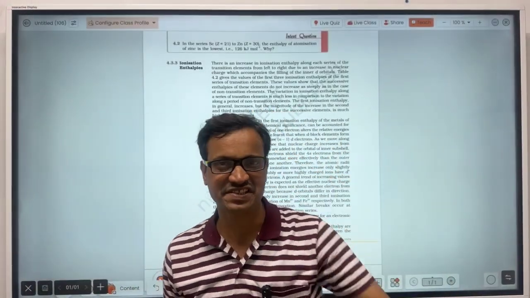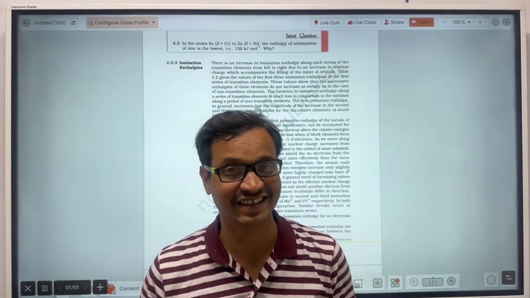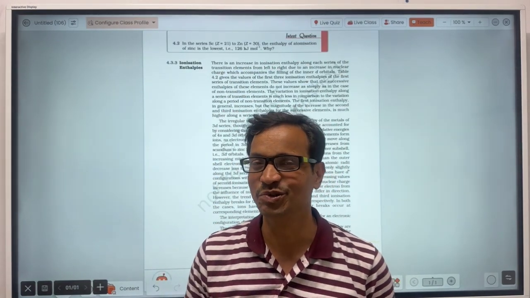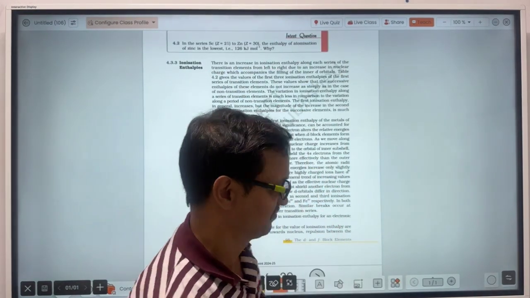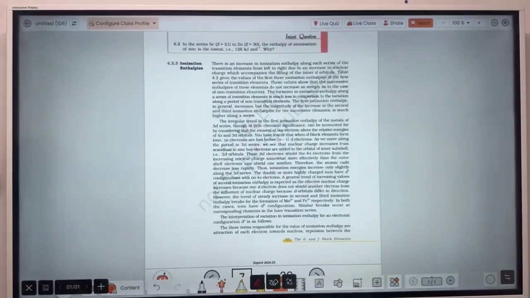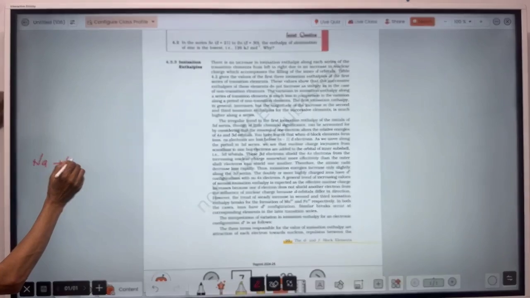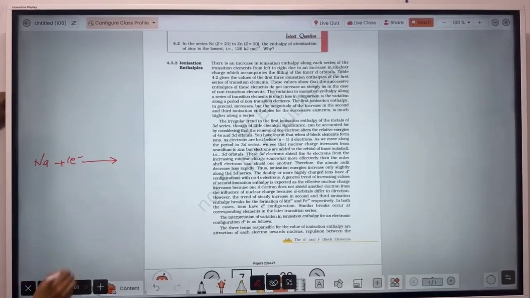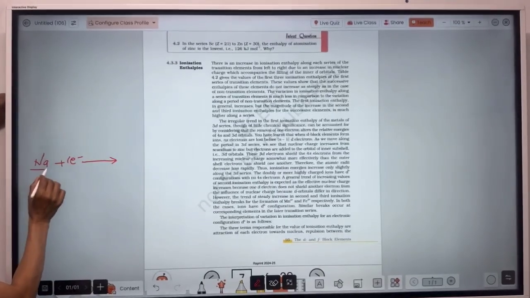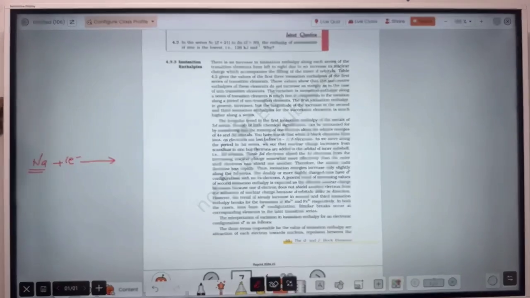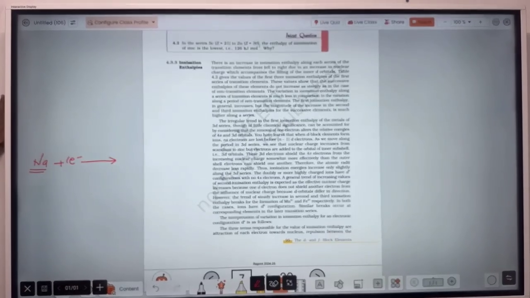First of all, let's see what ionization enthalpy is. Suppose we take sodium.